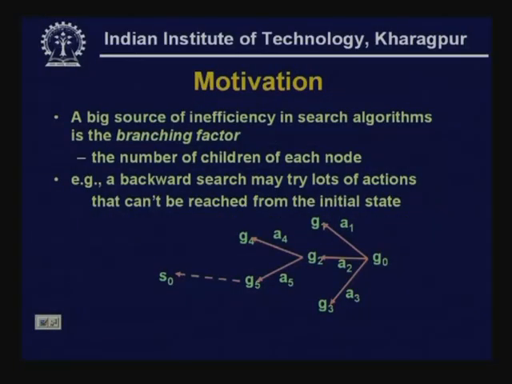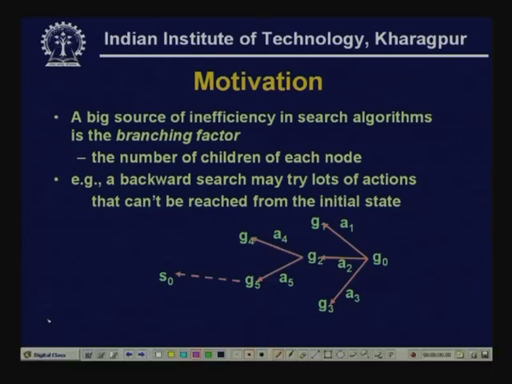Okay, so let us come to the motivation of today's class. As you have noted, a big source of inefficiency in search algorithms is the branching factor. If you are talking about either forward search or backward search, what makes search algorithms expensive is the branching factor.